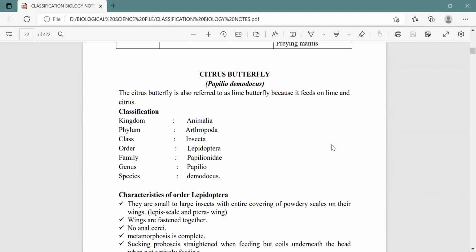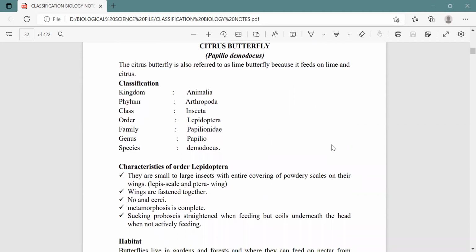A question may come when you are required to write a full classification of a citrus butterfly: domain Eukaryota, kingdom Animalia, phylum Arthropoda, class Insecta, order Lepidoptera, family Papilionidae, genus Papilio, species demodocus.